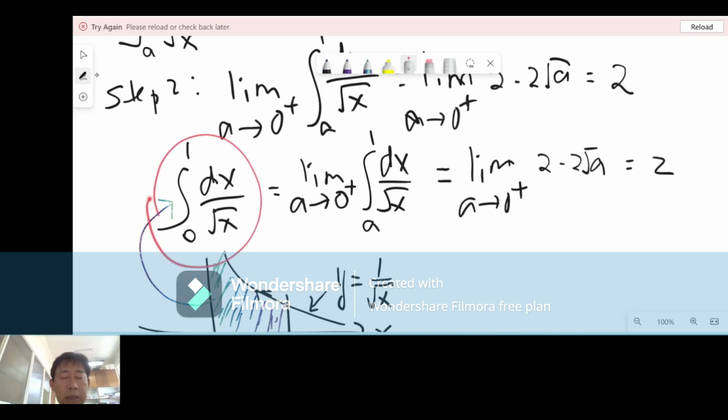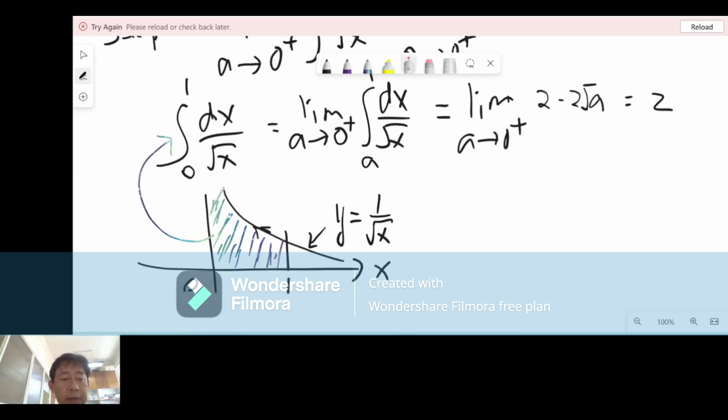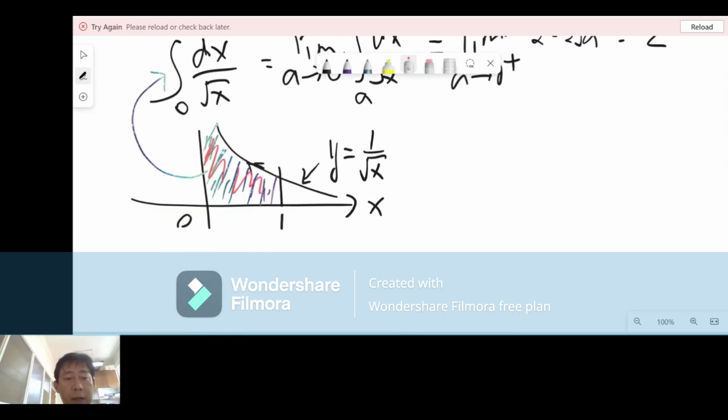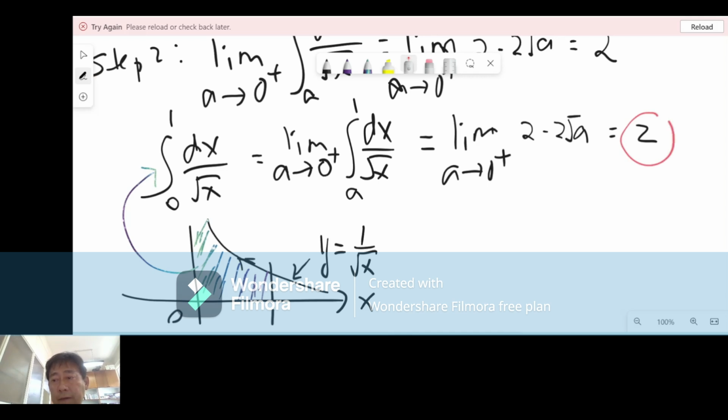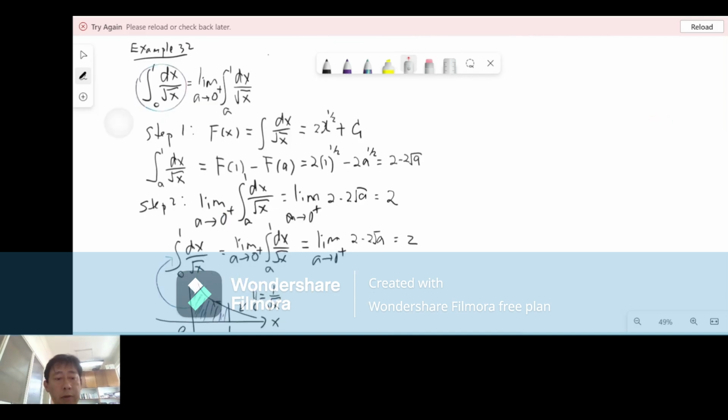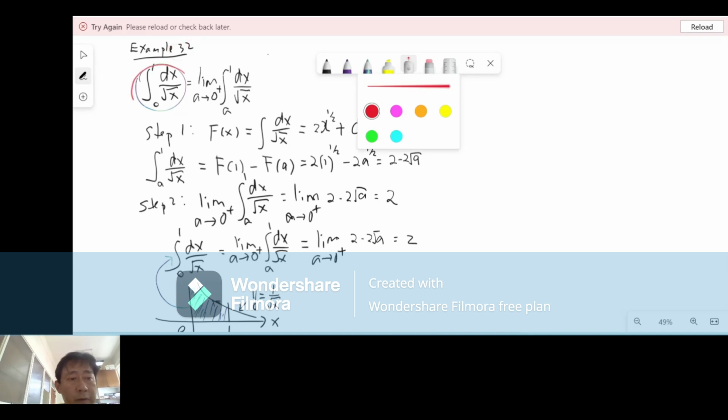So this integration, which represents the area under the curve that we are looking for, turns out to have a finite value of 2. As a conclusion, we have shown for the improper integral of the second kind, the function to be integrated is 1 over square root of x, and we are asked to find the area under the curve for this function bounded between x equals 0 and 1.